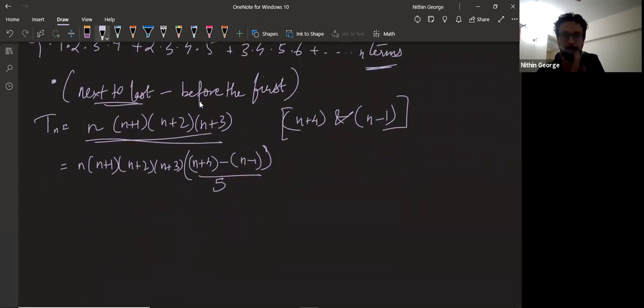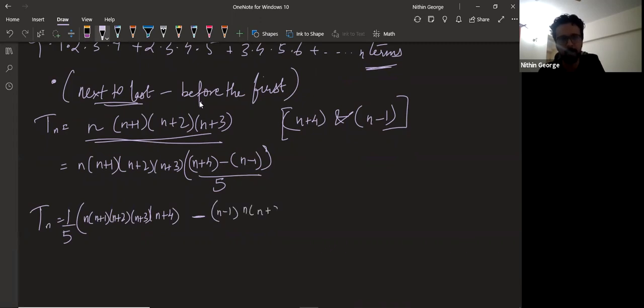So this becomes your nth term. All right. So Tn is nothing but 1 by 5 into n into n plus 1 into n plus 2 into n plus 3 into n plus 4. I wrote a big question so that you guys should never forget this. Minus n minus 1 into n into n plus 1 into n plus 2 into n plus 3.